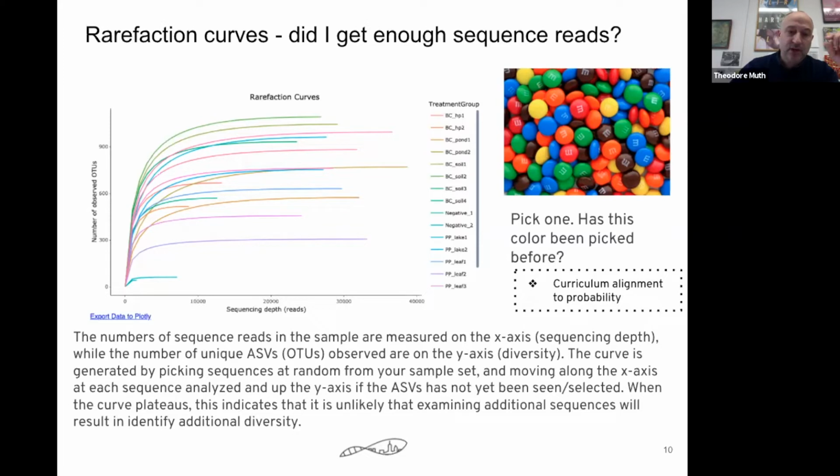Because you have sequences that don't necessarily match to a species that's been identified, you can't match every output to a species. So instead they create these categories, amplicon sequence variants, to represent those taxa, even if they don't match to a species that's in the database.